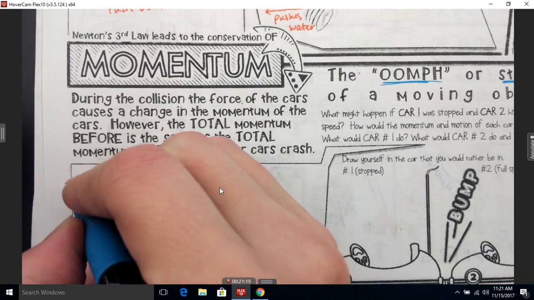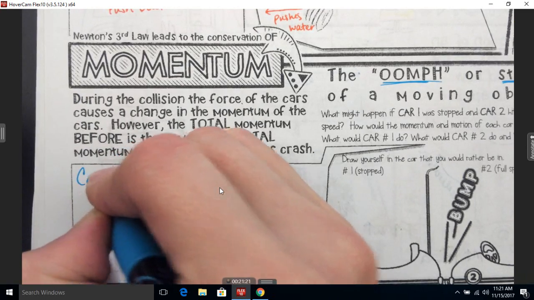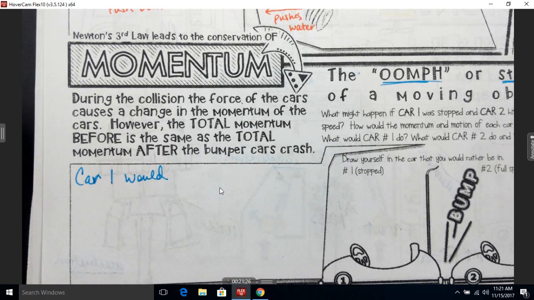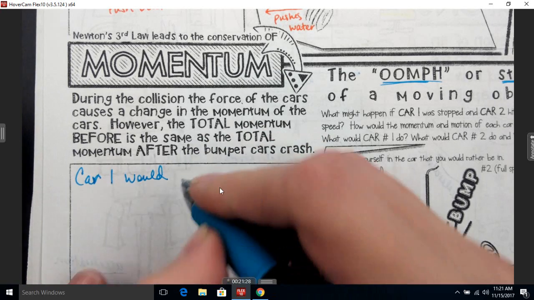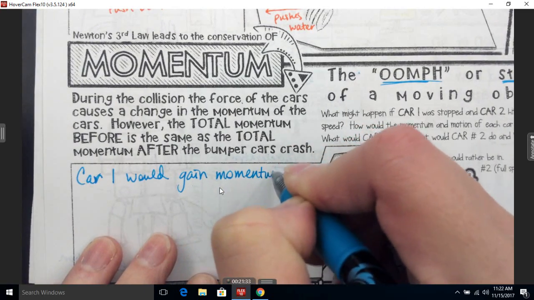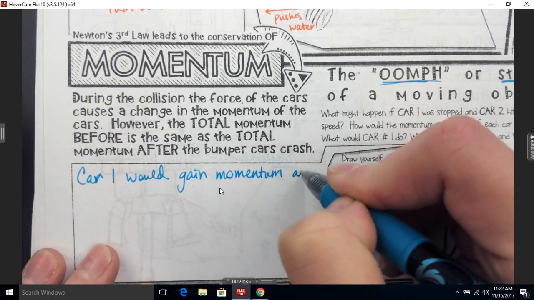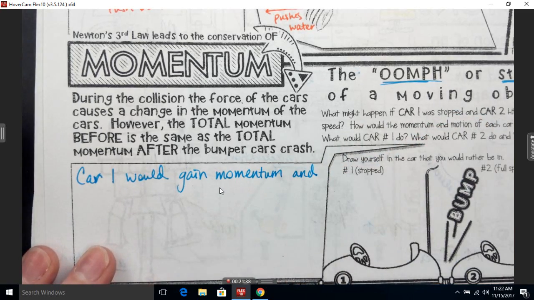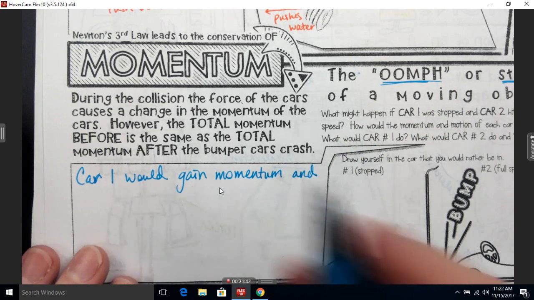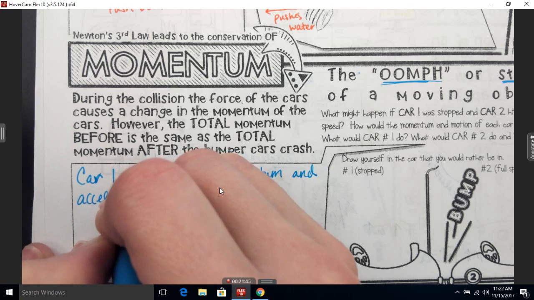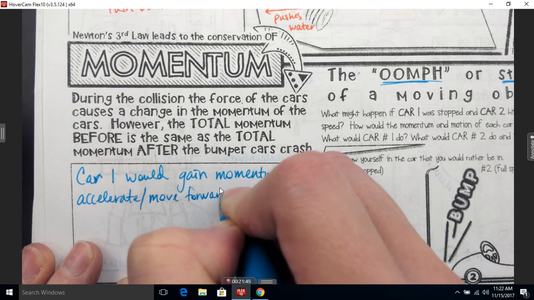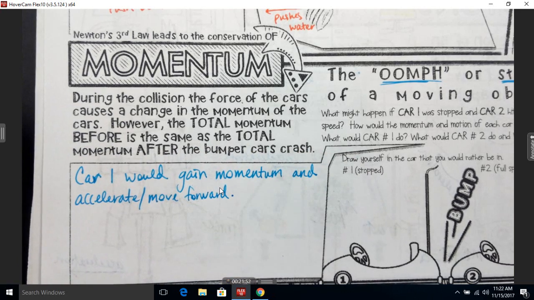So car 1 would gain momentum and accelerate, move forward. Does that make sense?